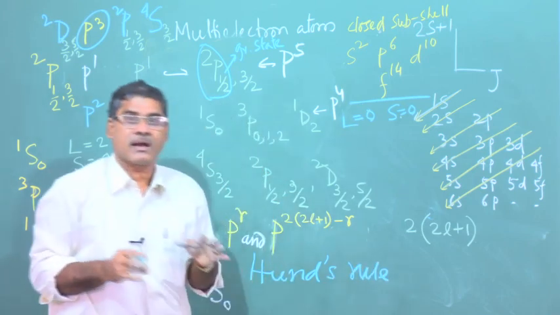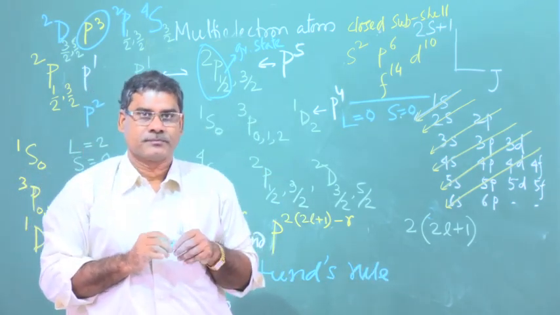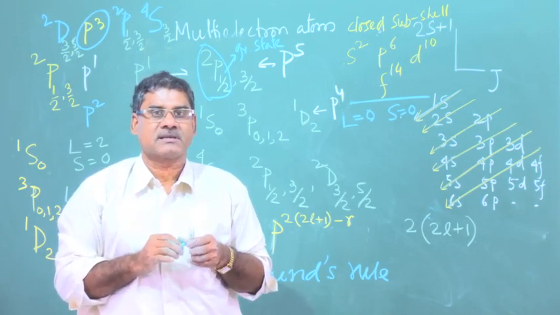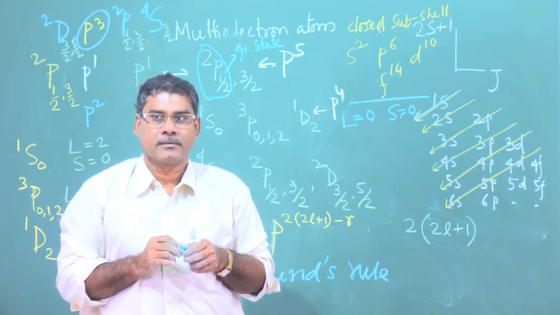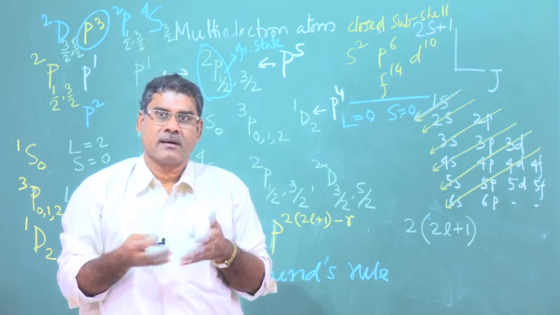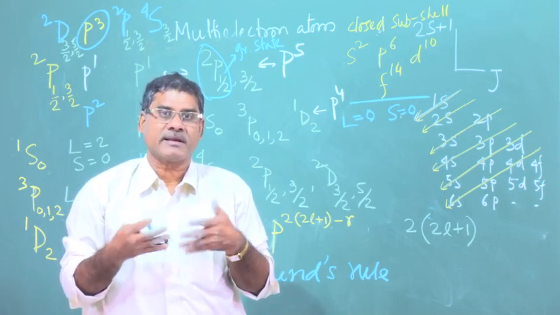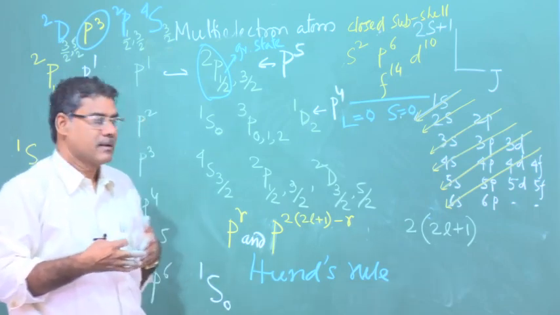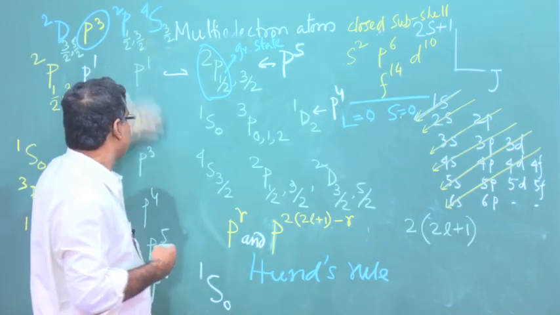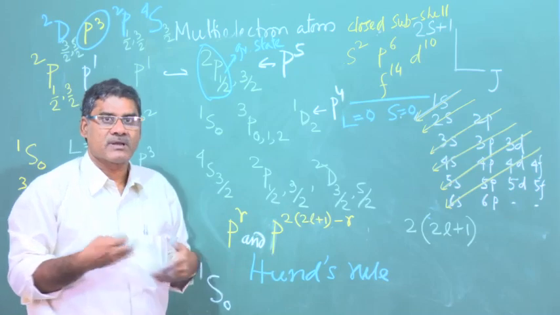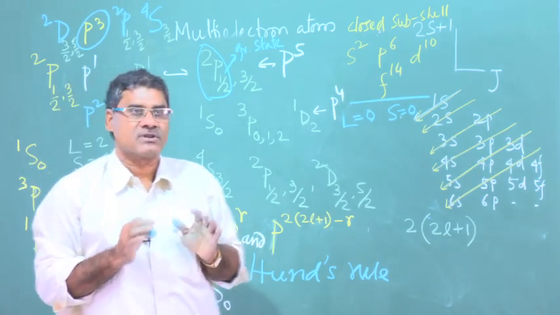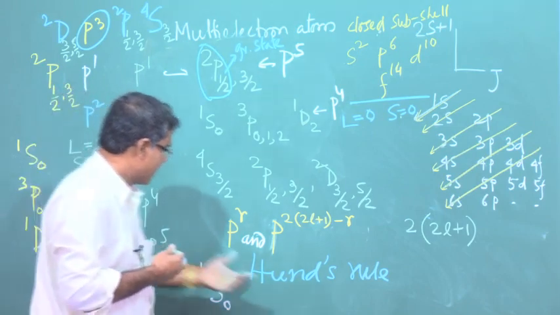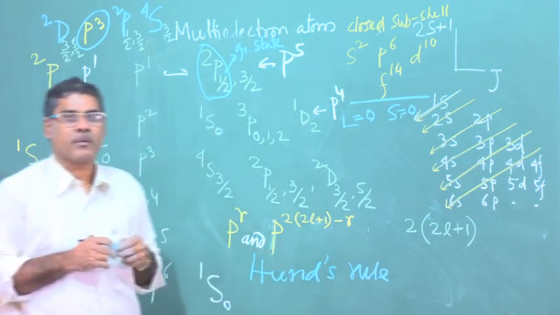Hund's rule is used to find out the ground state of a multi-electron system, for equivalent electron configurations. What is the ground state that we can find out taking the help of Hund's rule?